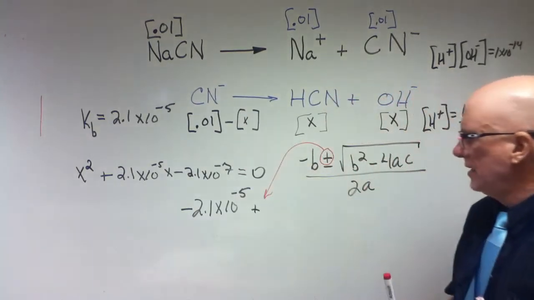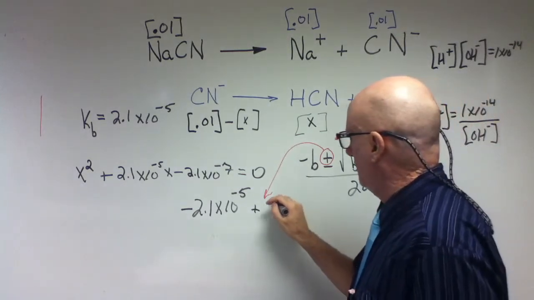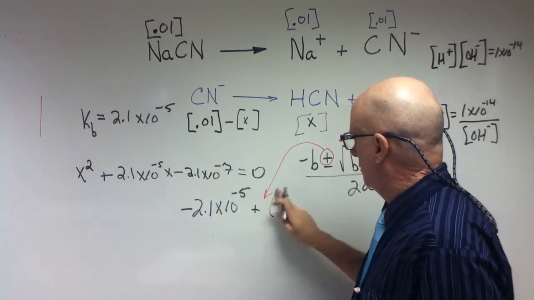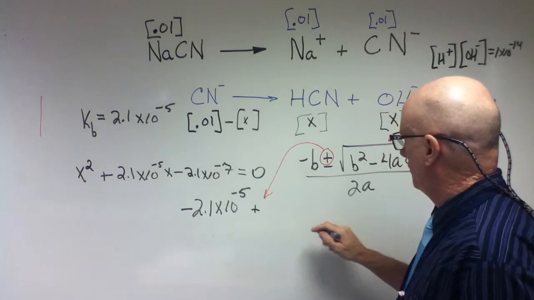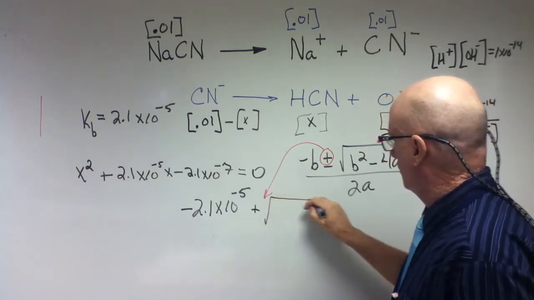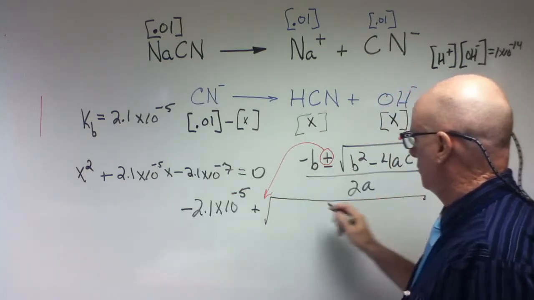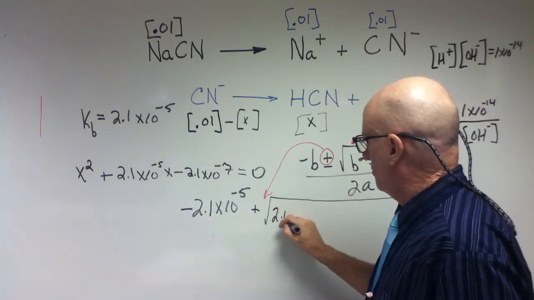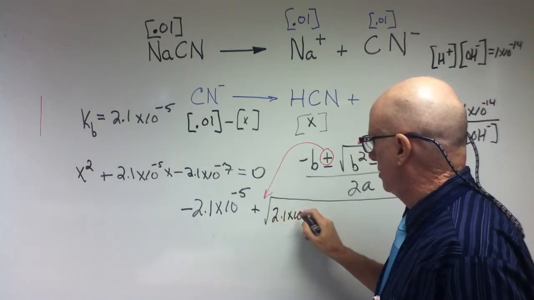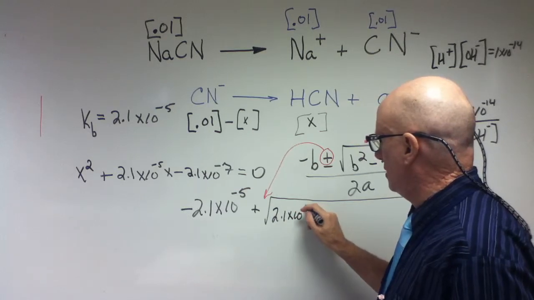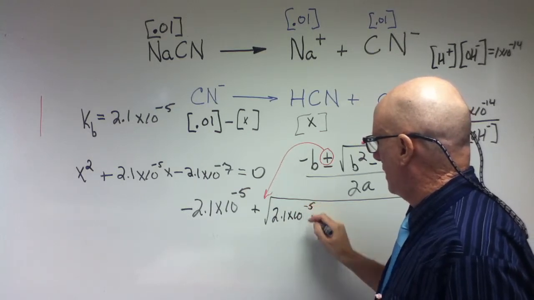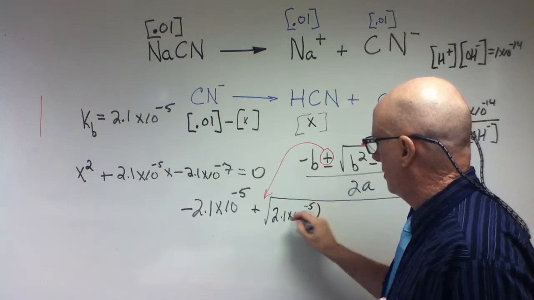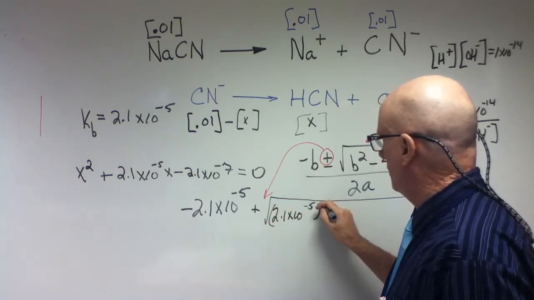and then we're going to square b. We're going to say 2.1 times 10 to the negative 5, squared.